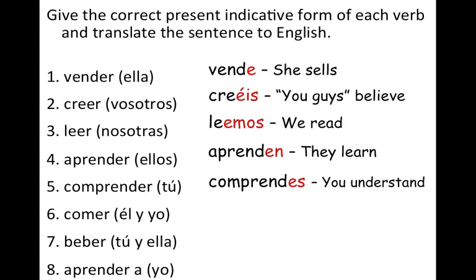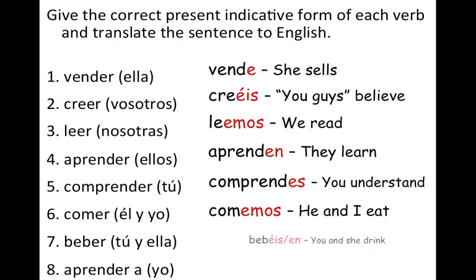Seis, comer, él y yo. Él y yo comemos. He and I eat the pizza. Comemos la pizza. Número siete, beber, tú y ella. Depending on the country, tú y ella bebéis la Coca-Cola, tú y ella beben.